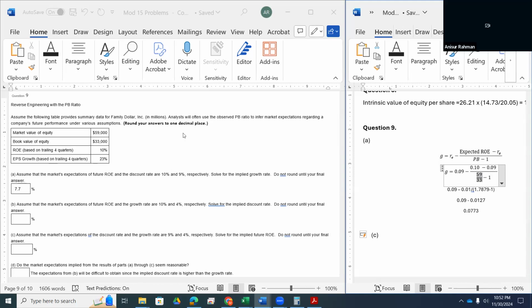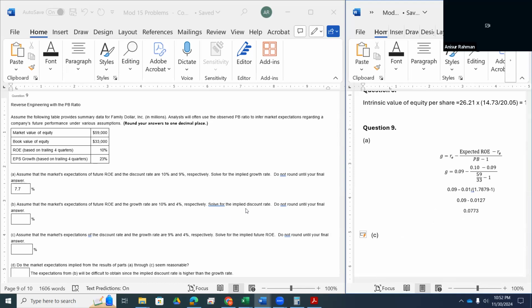Given these expectations and numbers, what is the implied growth rate? Financial analysts do this to decide whether the implied value is reasonable given the assumptions. If not, they go back and change some of the assumptions.